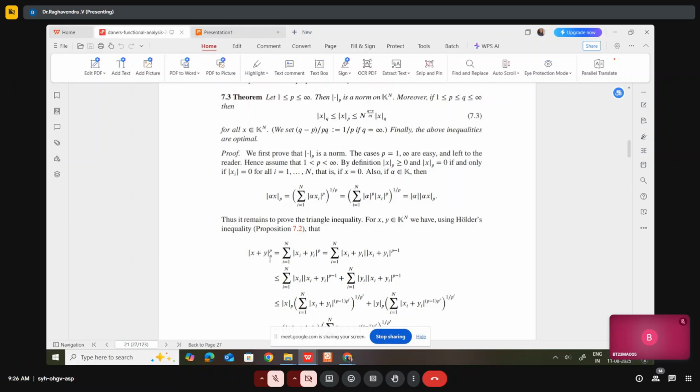So the p-norm of x plus y raised to p will be the summation i equal to 1 to n of mod xi plus yi raised to p. So that power 1 over p into p will be just 1.